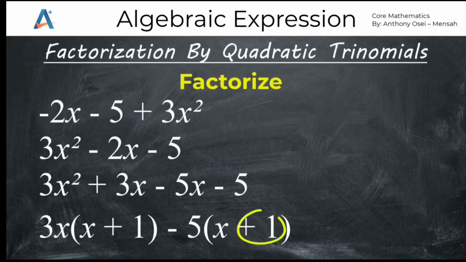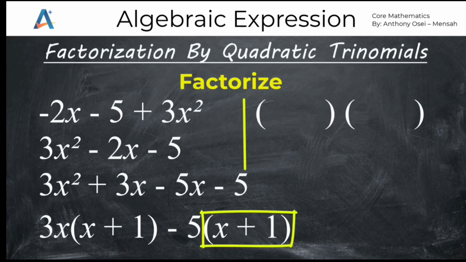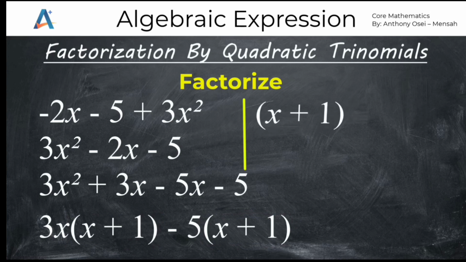So that is a positive 1 here. Now, as you check from the board, you realize that x plus 1 are the ones in the bracket. So we open two different brackets. We take x plus 1 and x plus 1 into one bracket, just as factorizing it into one bracket, making it x plus 1. And what is the remaining? 3x minus 5 are the ones outside. So 3x minus 5 also into another bracket.